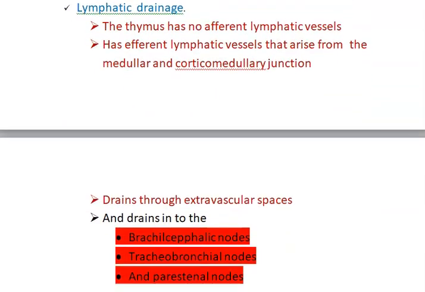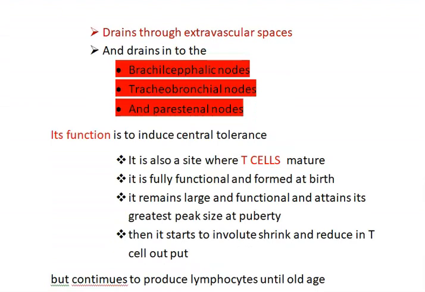It drains through extravascular spaces, and the lymph is drained into the brachiocephalic nodes, into the tracheobronchial nodes, and into the parasternal nodes.